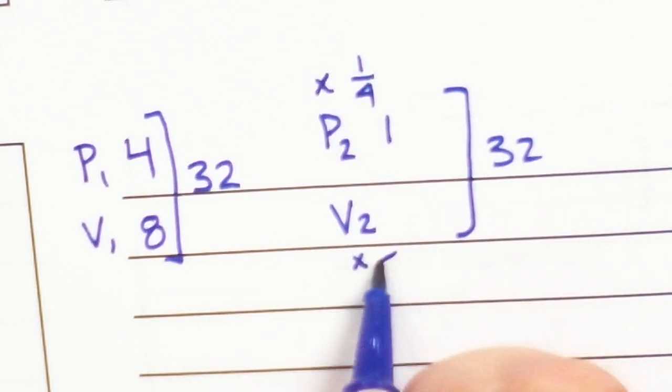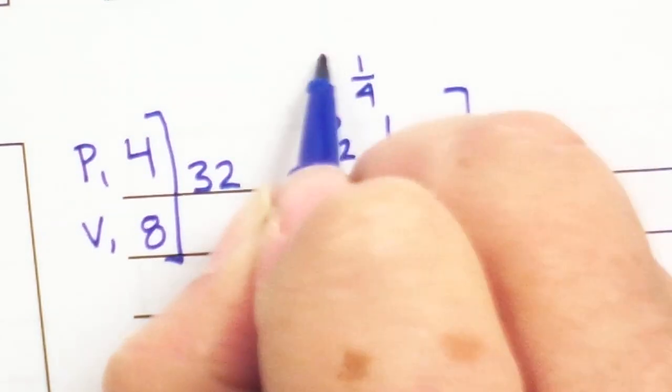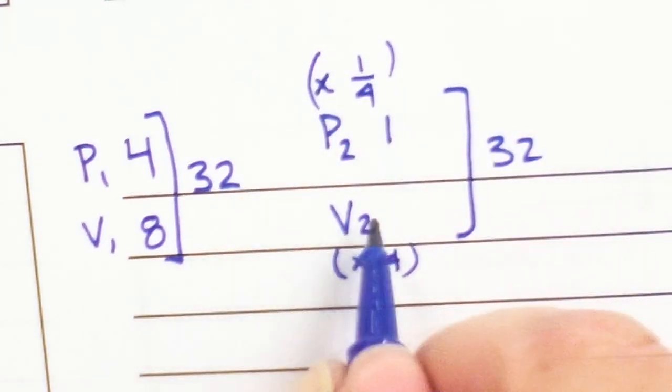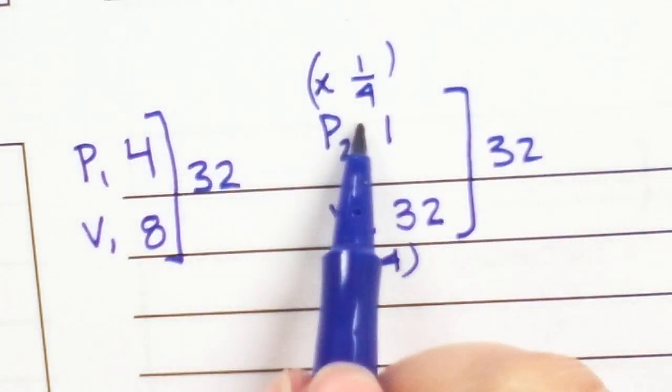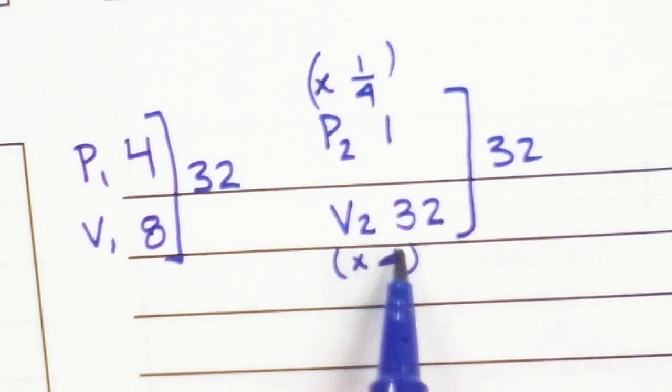So the 8 gets multiplied times 4. 8 times 4 is 32. This is an inversely proportional relationship. As one of them decreases, the other one increases by the inverse of that. Yes?